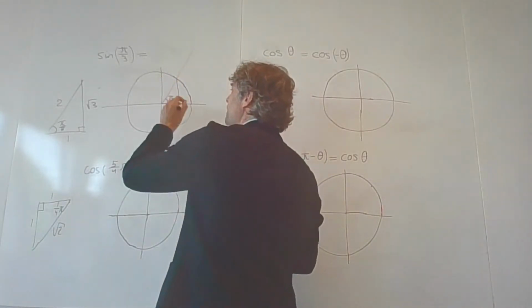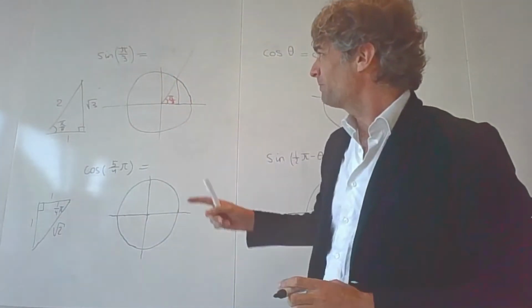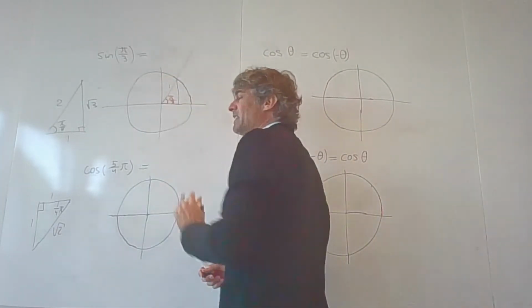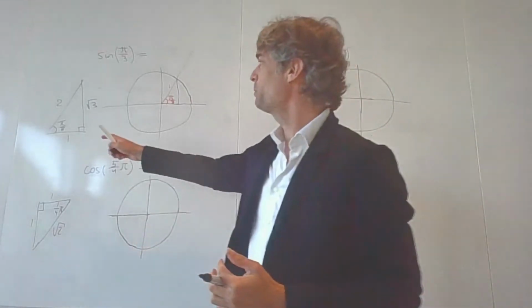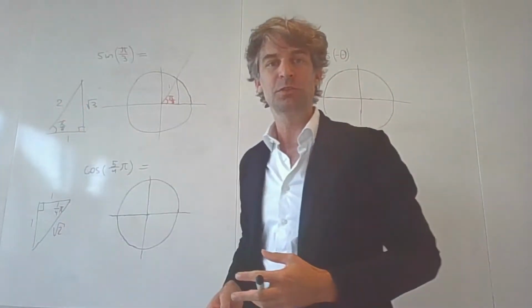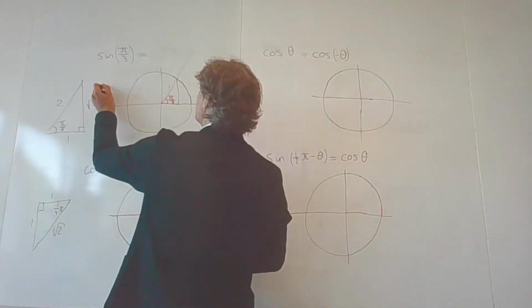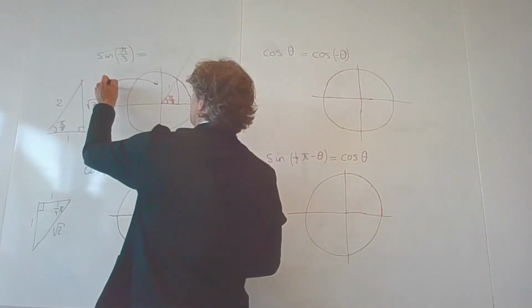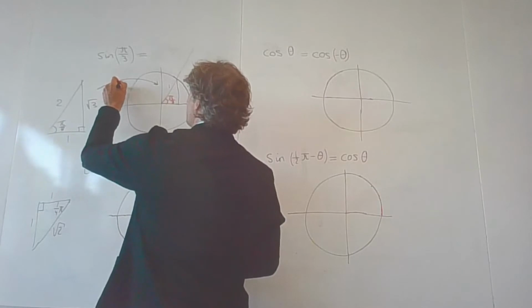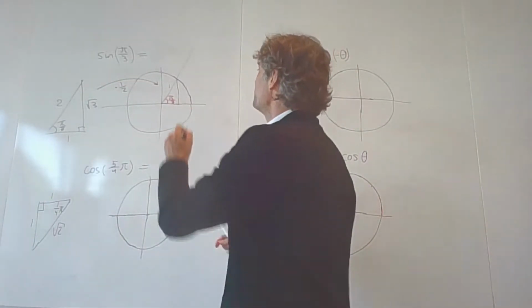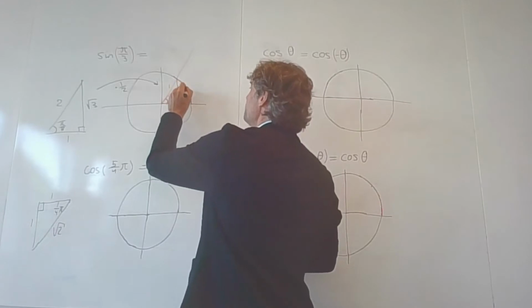Well, there it is. But we're in a unit circle, so the diagonal side here is only 1, whereas in our special triangle it's 2. So to recognize our special triangle here, we have to shrink it by a factor of half, which means these sides are not the square root of 3, but half the square root of 3.